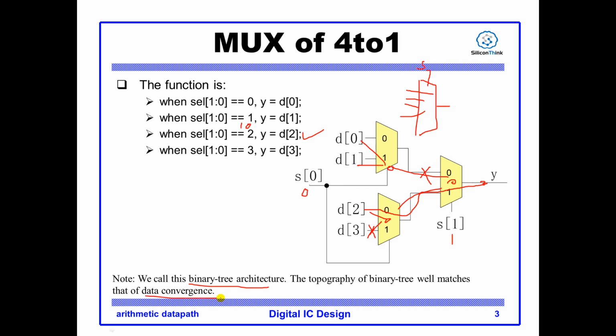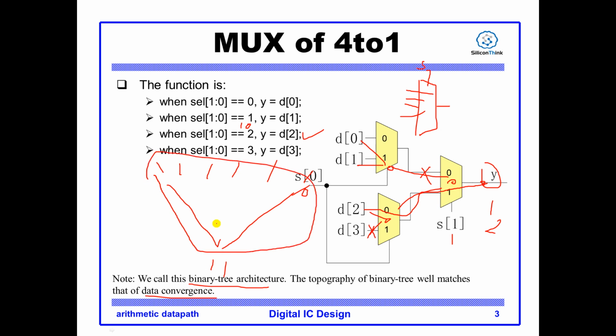What is data convergence? That is, you have many inputs, such as 4, 8, 16, 100 maybe, while after the calculation, you just have 1 or 2 outputs. They are converged to 1 or 2 outputs. So you can say the binary tree architecture will match the topography of data convergence.